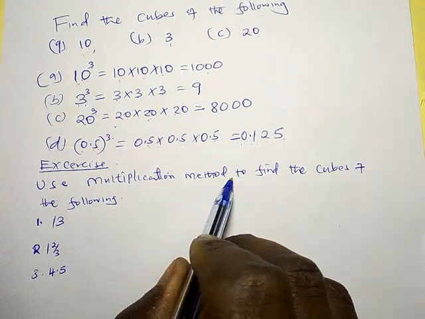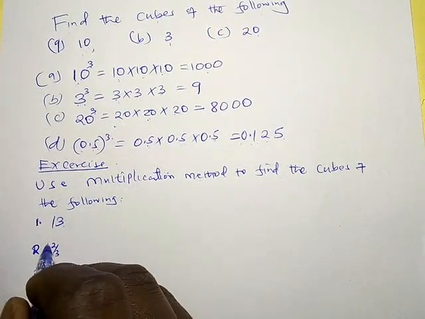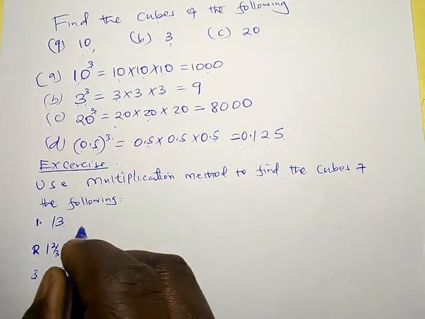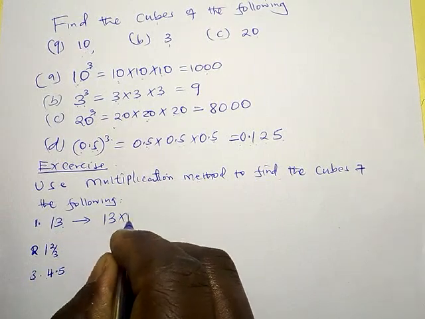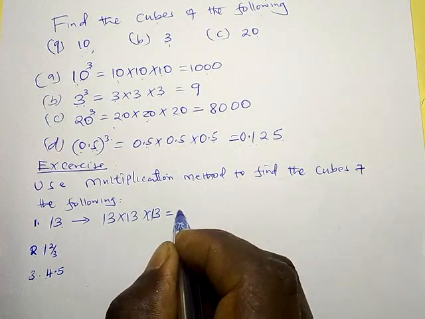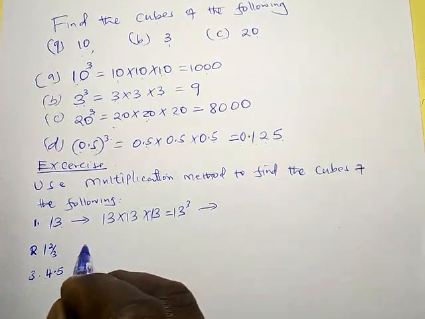Use the multiplication method to find the cubes of the following. Number 1 is 13, number 2 is 1 2/3, number 3 is 4.5. So the cube of 13 simply means 13 times 13 times 13, which is 13 raised to power 3. You get the answer.